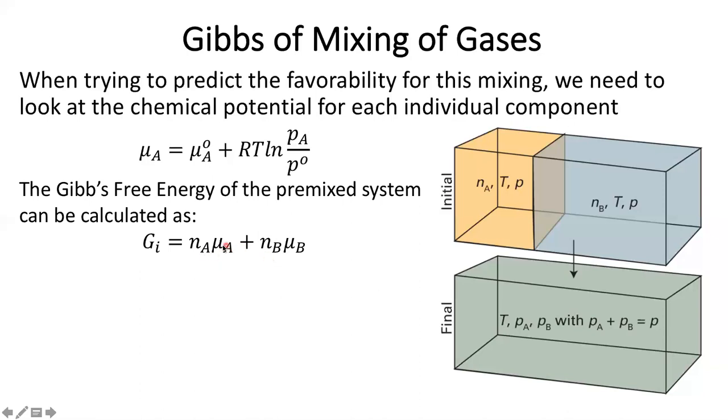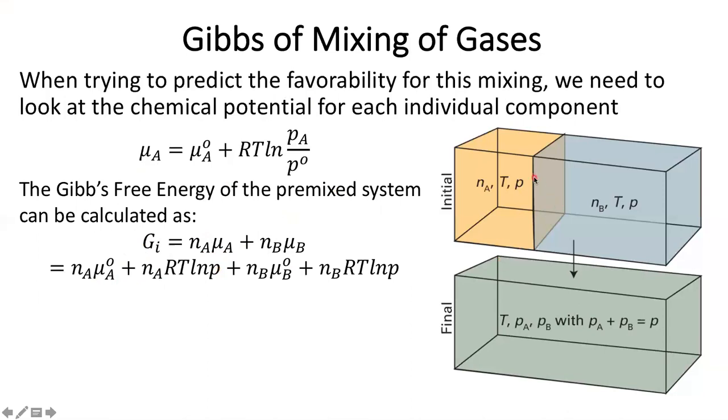So what we can then do is insert our equation for the chemical potential of each component into this expression. And so what we end up doing is generating an expression with essentially the free energy under standard state of A, plus essentially our pressure correction.